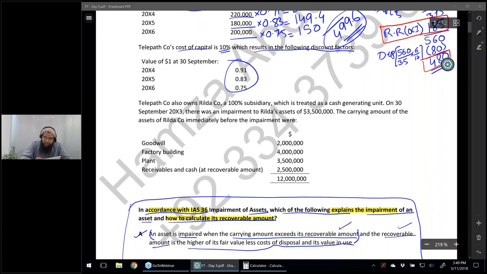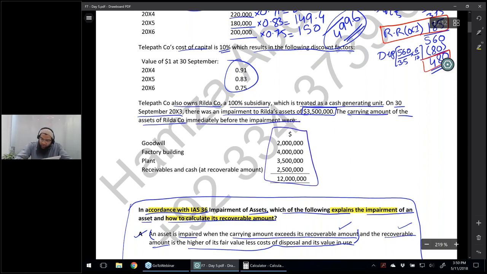Okay, so the question says that Telepath company also owns Rilda company, a 100% subsidiary, which is treated as a cash generating unit. On 30th September 20x3, there was an impairment to Rilda's assets of 3,500. The carrying amounts of the assets of Rilda immediately before impairment were these values, and what amount of impairment are we going to record?